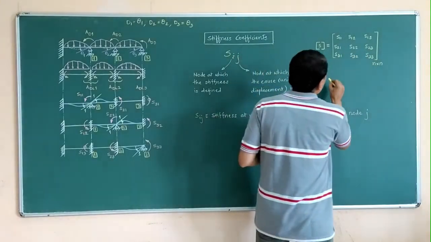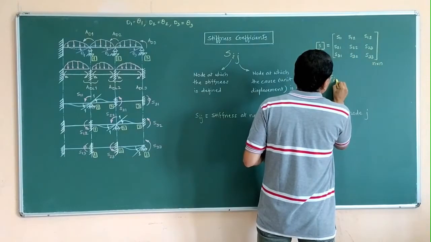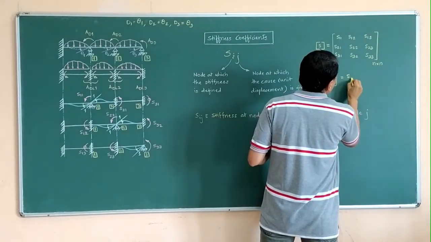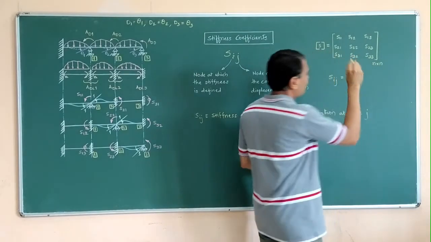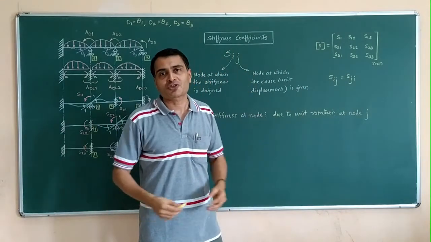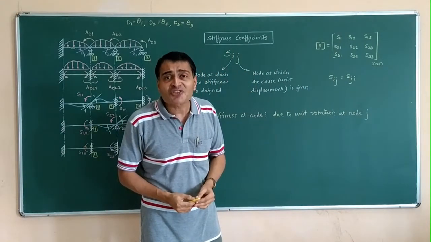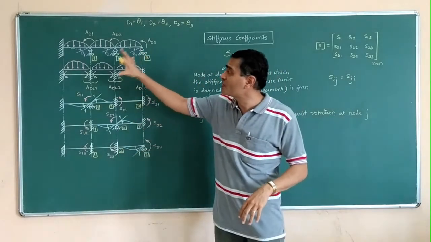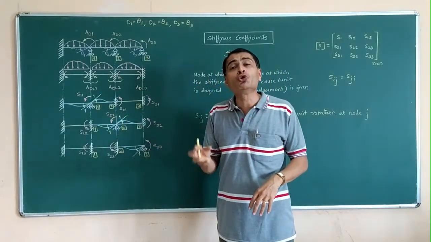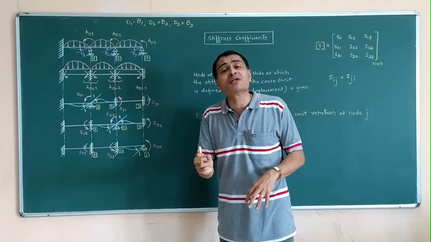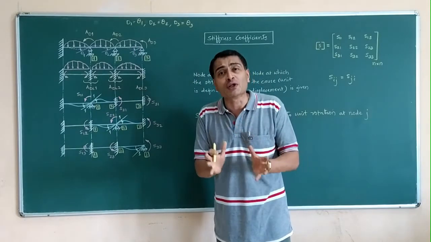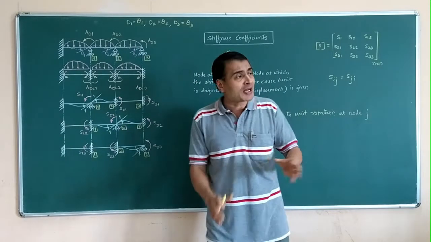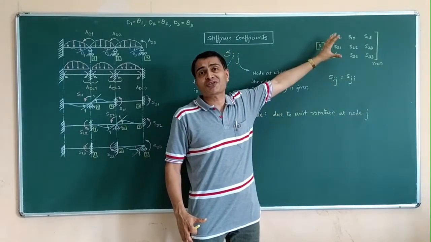In short, you will always get Sij is equal to Sji. Symmetric matrix. And lastly, you will find that all these stiffness coefficients corresponding to unit positive displacements will obviously be positive. So that is our stiffness matrix.